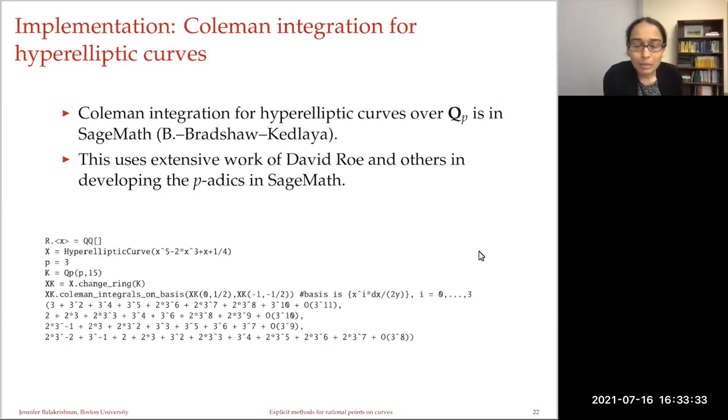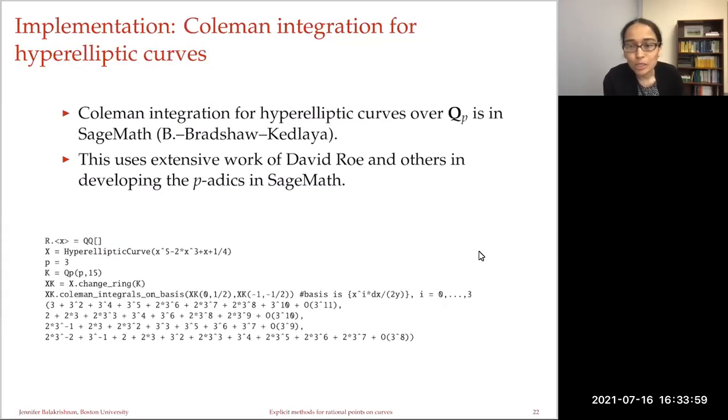So here's just a little bit of code to show you what it might look like if you were to try to compute some Coleman integrals on hyperelliptic curves in SageMath. You first set up a polynomial ring, then write down a hyperelliptic curve with some defining polynomial, instantiate some prime p and use that to create a p-adic field up to some precision. Here we've chosen 15.